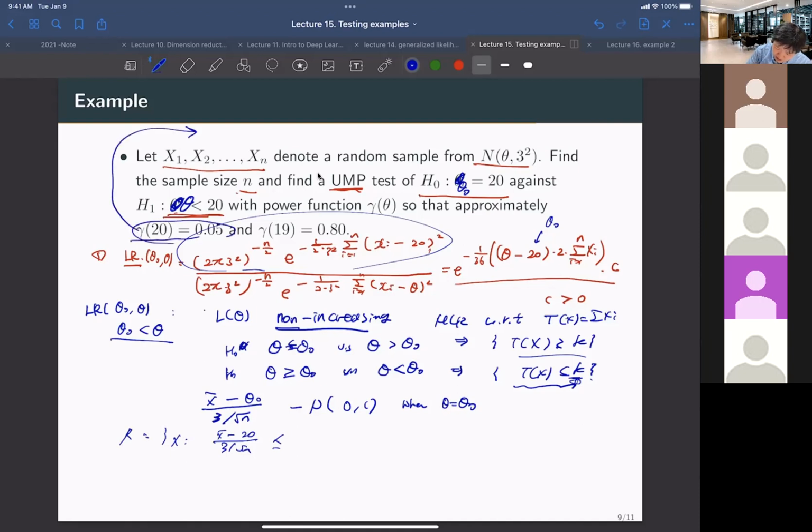It says that the probability that, when theta equals 20, which is theta 0, x falls in the rejection region is 0.05, which means it is a level 0.05 test. So z 0.05, and this is a left tail test, so I put the negative sign. So this is our rejection region satisfying this equation.